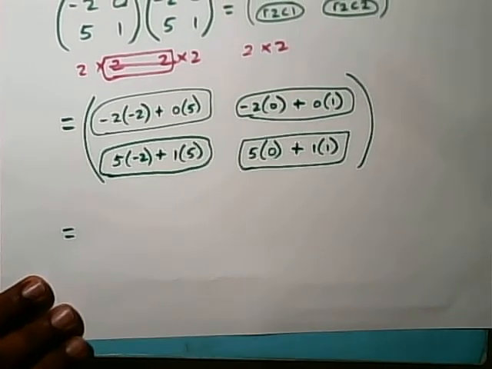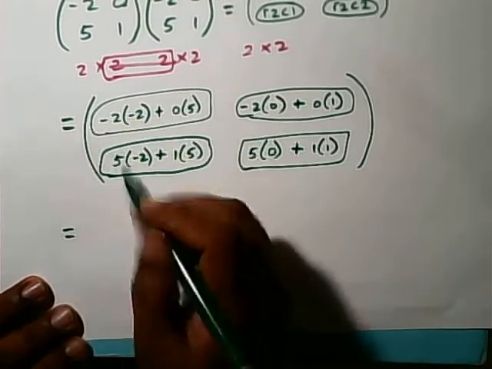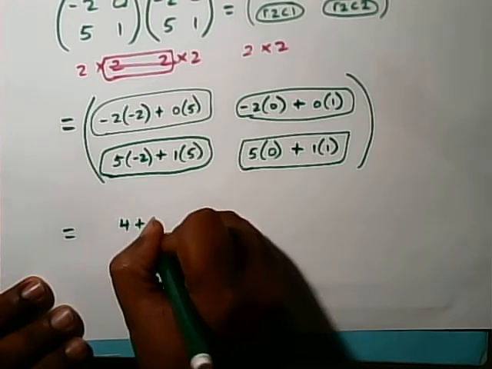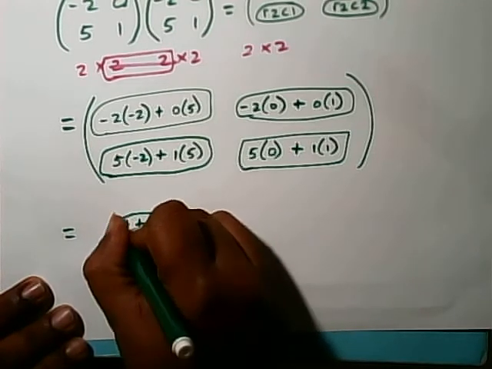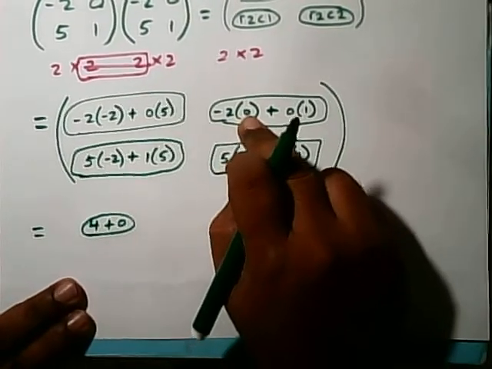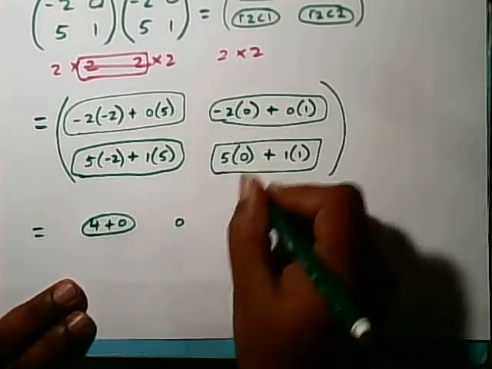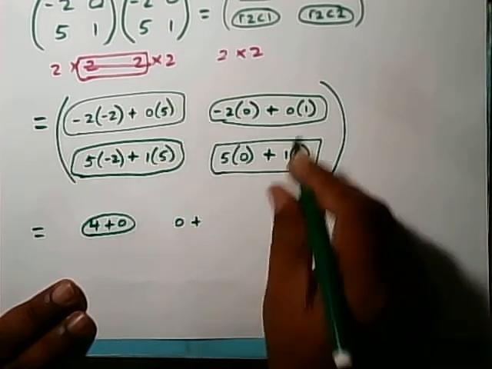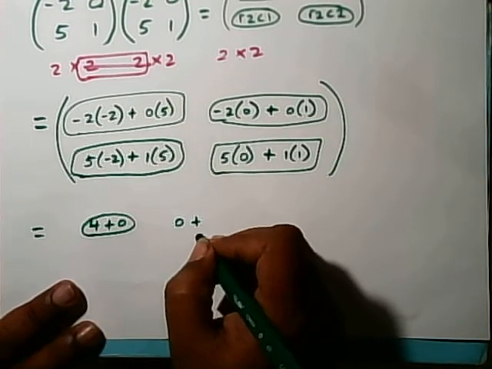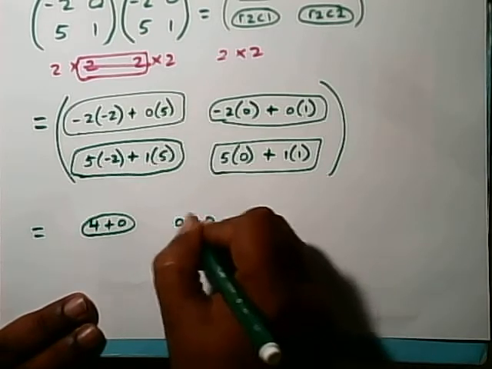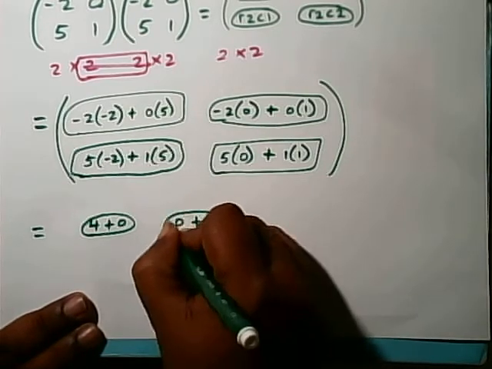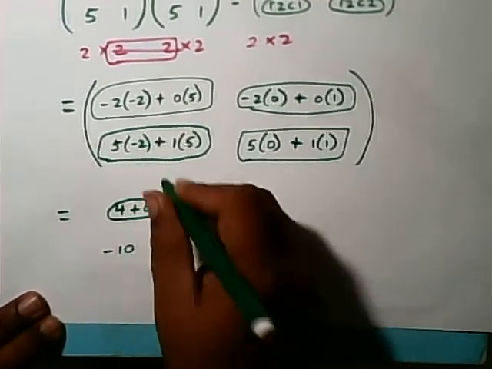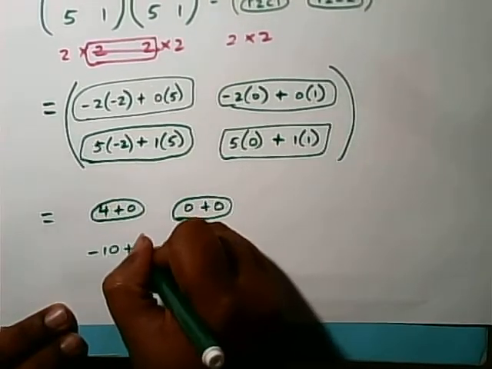Let's work this out now. Minus 2 times minus 2 is a positive 4 plus 0. Minus 2 times 0 is a 0 added to a 0. Next one is a minus 10 added to a 5.